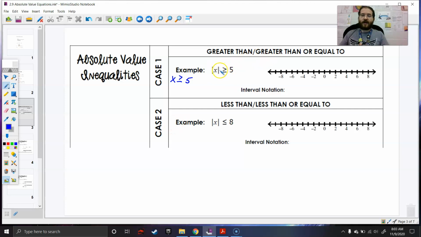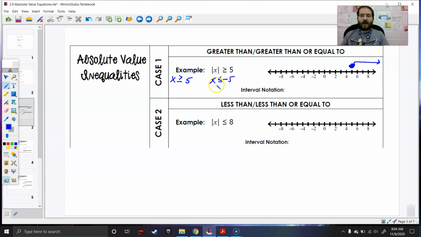Then for this one, we keep x and switch these. Let's plot that. Since we have the equal sign, it's going to be a closed circle. First we find 5, and then we go like that.